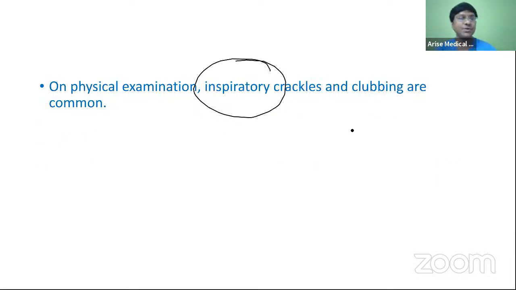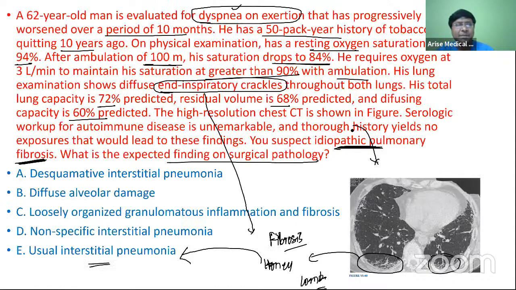So that is about the question on idiopathic pulmonary fibrosis. And in idiopathic pulmonary fibrosis, one of the most common presentations is the usual interstitial pneumonia. And what are the things which tell that there is idiopathic pulmonary fibrosis? You can see the CT scan.